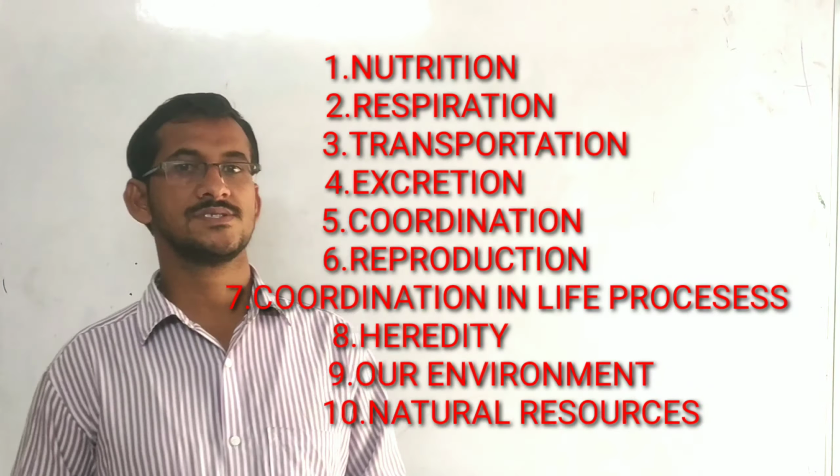Okay. Now there are some steps you need to follow while writing experiments in the examination. So what are the steps? Let us see. First, you need to remember that you have to write the aim. Next you have to write the apparatus.